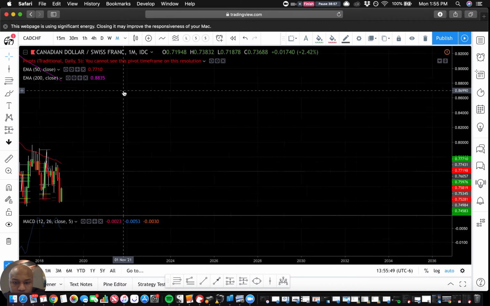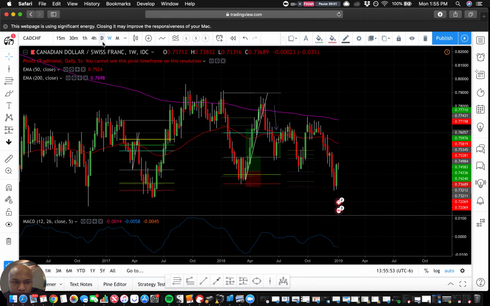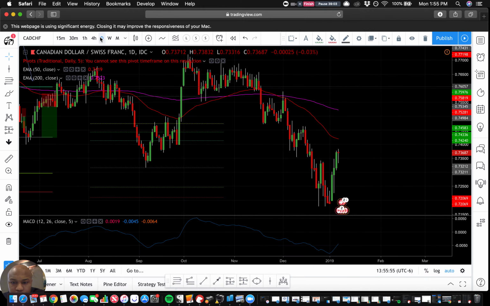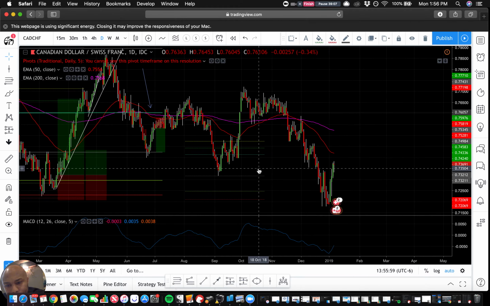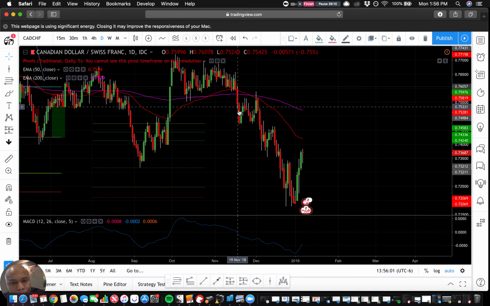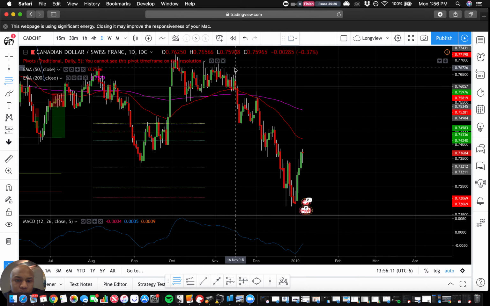Let's see on this one. Monthly, weekly, we're pretty down in there. So it's hard to draw this as a fib. I want to, but it's hard because there was a pullback all the way right here already, right?